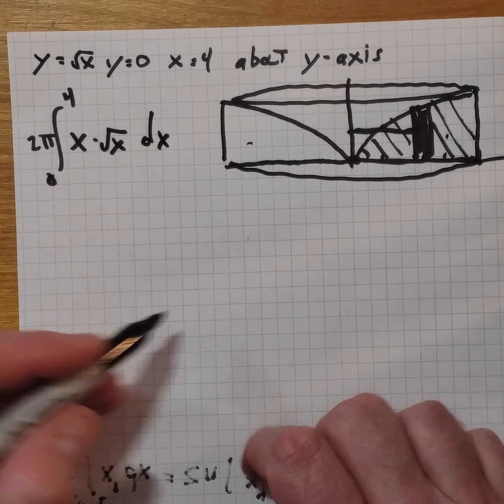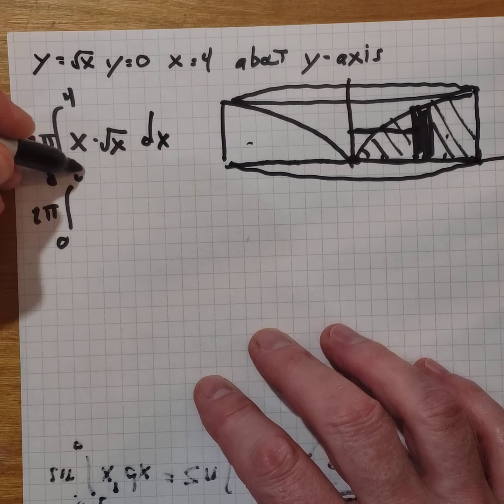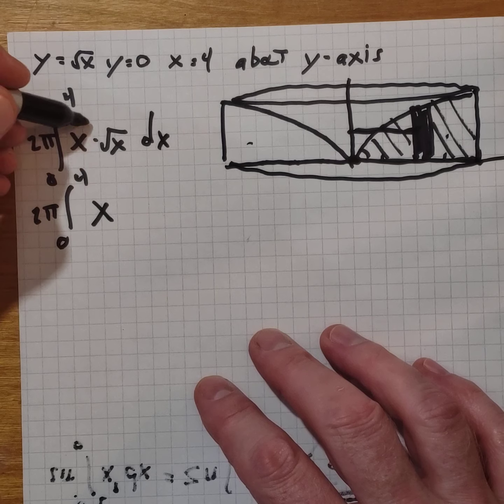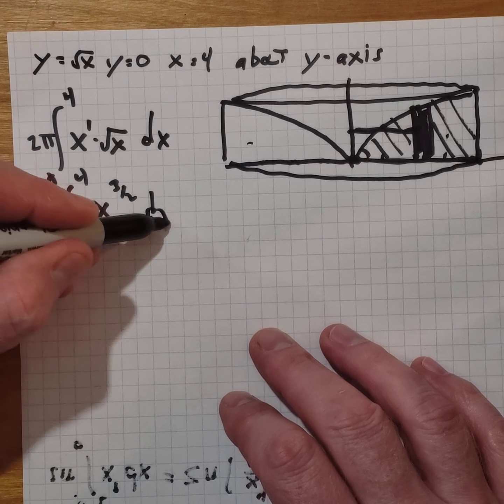That's the thickness of the shell. So that's going to be 2 pi, 0 to 4 of x to the 1 power plus 1/2 power, so that's going to be 3/2 power.